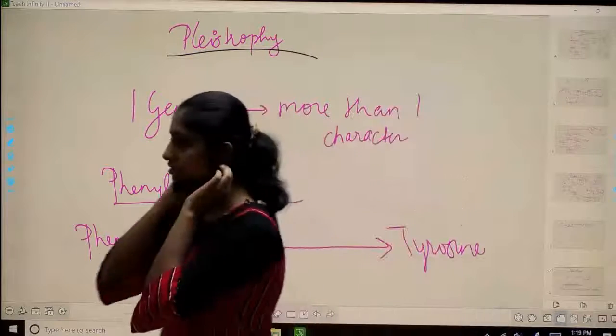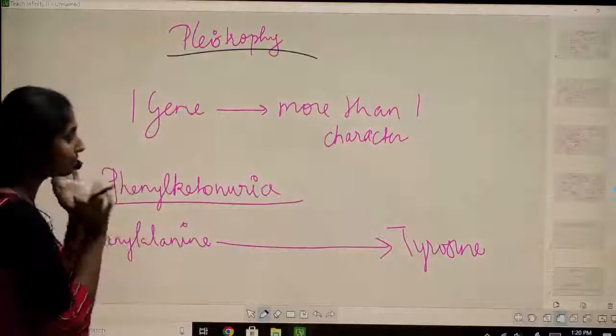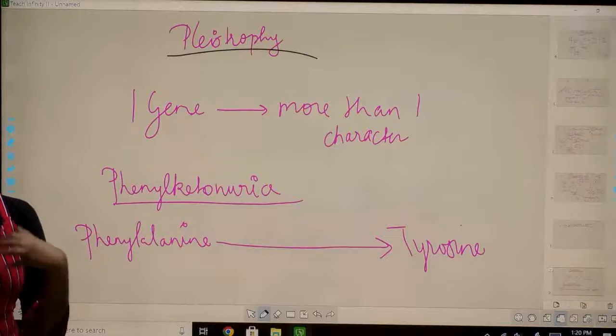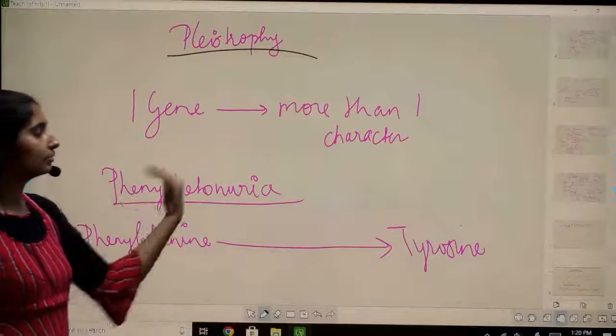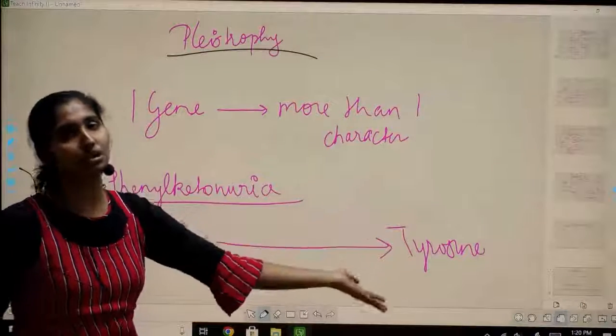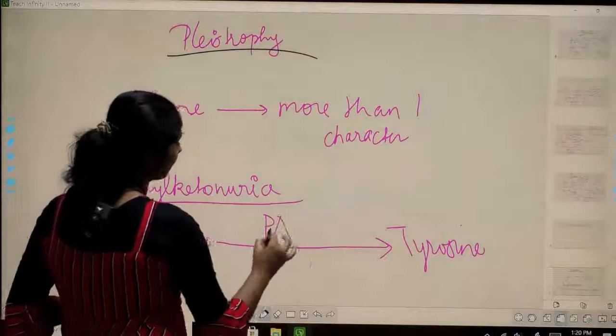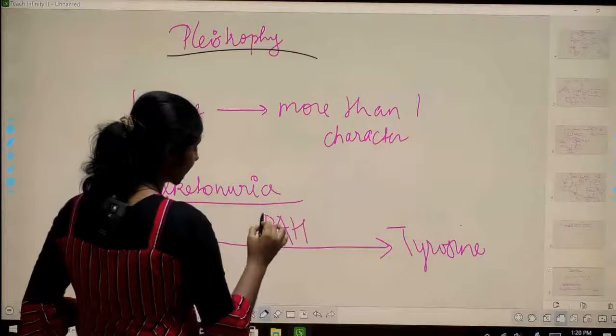Now tyrosine is involved in the synthesis of neurotransmitters, right? So phenylalanine is readily converted to tyrosine in the normal physiological state in our body. This reaction is catalyzed by the enzyme PAH.